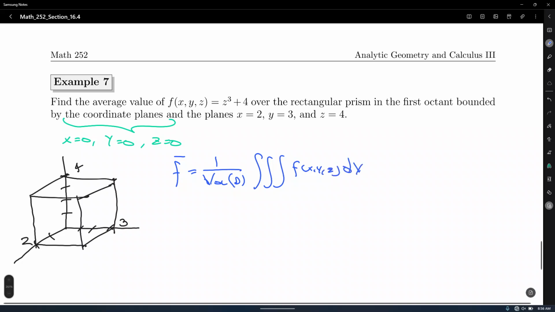Okay, so for the volume of this solid region, in this case, we don't have one of those crazy solids that we have been looking through during the past exercises.